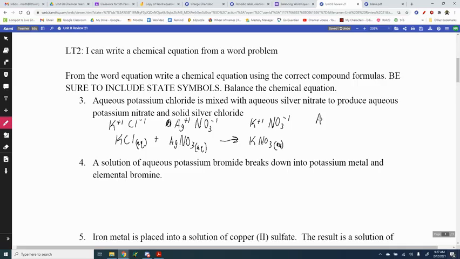Silver is still Ag +1, chloride is still Cl -1, so that gives us, plus, AgCl, and that is a solid, so we put an S there. After we count everything, it is all balanced already: 1 K, 1 K, 1 Ag, 1 Ag, 1 NO3, 1 NO3, 1 Cl, 1 Cl. So we don't have to worry about balancing for this one.